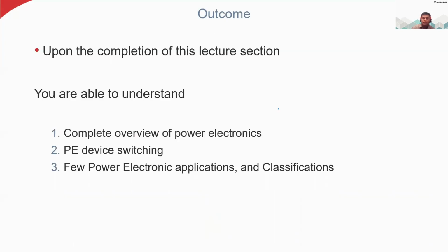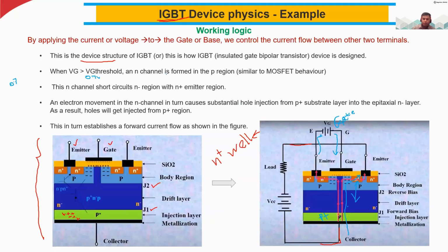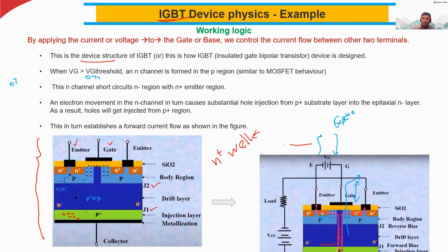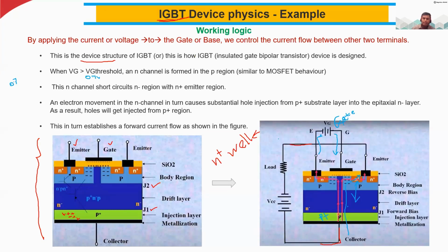Okay, so now I think I have completed the P devices. In these P devices, you should be able to understand what the common principle is and why we have so many different devices, because it is based on the different structures of the devices.